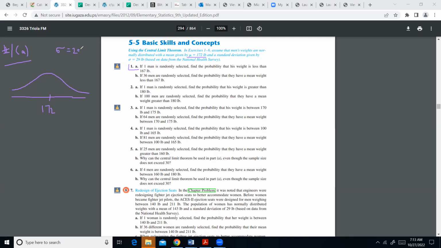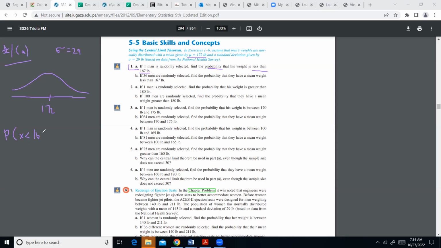So with this mean and standard deviation, we need to find the probability, capital P, and in the parentheses, the probability that somebody weighs less than 167. So X is what we always use, less than 167.